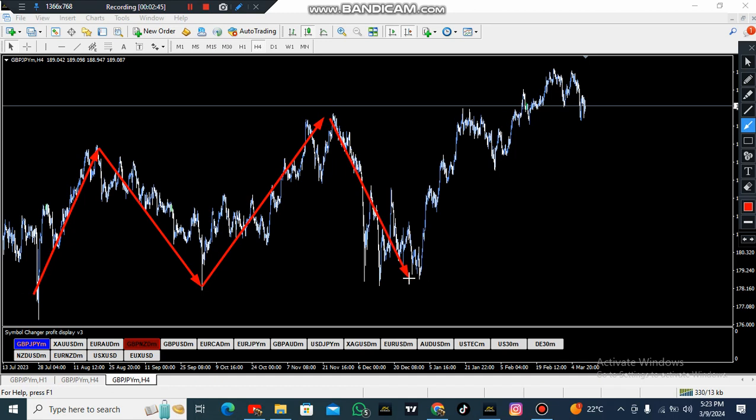This is another low, higher than the previous one. This is a high, and that high is higher than this one. So it is higher high, higher low, higher high, and then higher low. So you can see it's an uptrend.